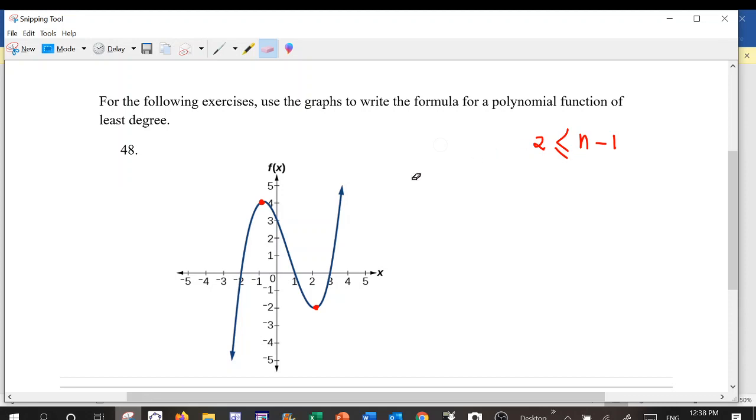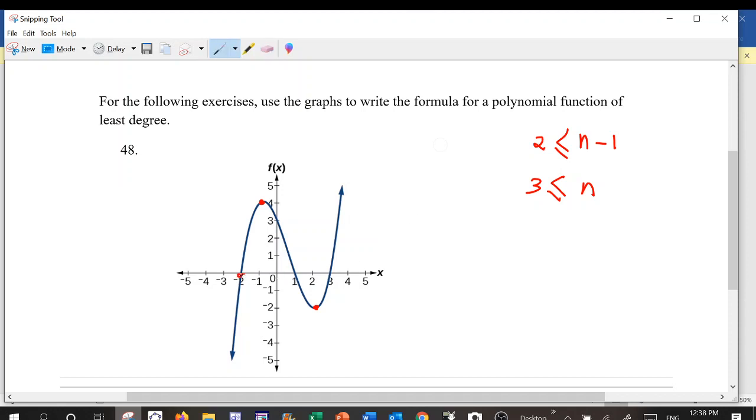Since we have 2 turning points, we add 1 to both sides: n has to be greater than or equal to 3. That means the degree of this polynomial is at least 3. It could be more, but it's at least 3, based on the number of turning points.